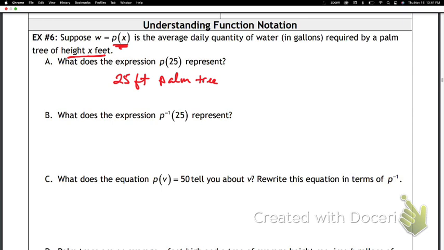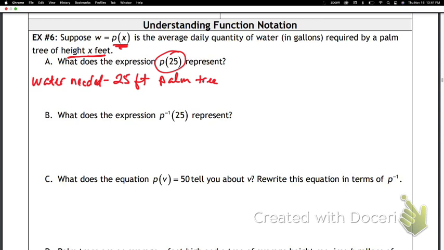And so basically what that means is when you do P of 25, you're saying how much water it takes for a 25-foot palm tree. I'm going to say water needed for that 25-foot palm tree.